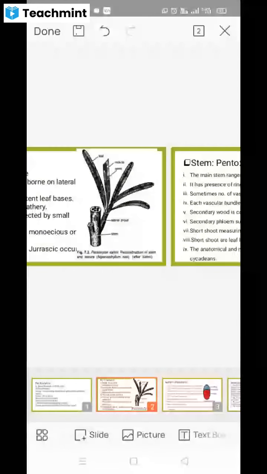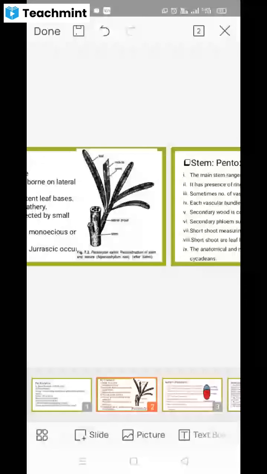Then the stem of the pentoxylon, that is Pentoxylon sahnii, shows some important characters: the stem shows 5 rings of vascular bundles, but sometimes they may vary. Each vascular bundle of the stem is conjoined, collateral and open.